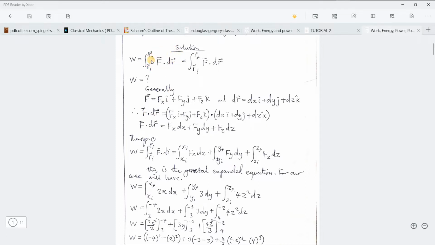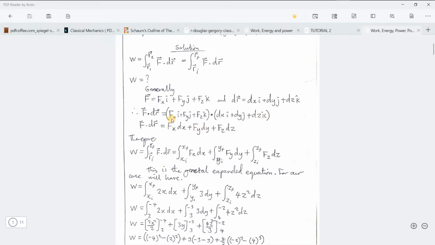So F dot dr is fxi plus fyj plus fzk dot dxi plus dyj plus dzk.